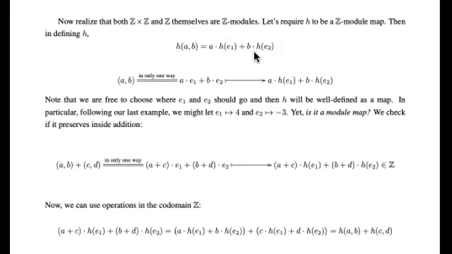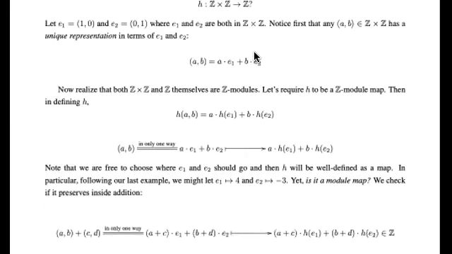Why is that? That's because (A, B) is this, and if you apply H to it, we end up getting H of AE1 plus BE2.